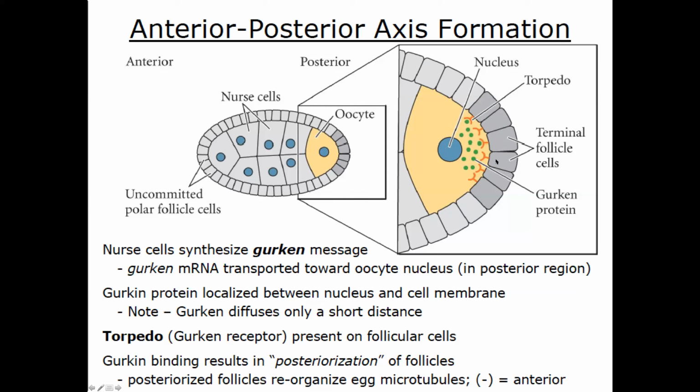Now, this activation of the terminal follicle cells results in the first stage of specification, which is called posteriorization. So it's not the egg that gets specified. The first thing that gets specified is the follicle cells.